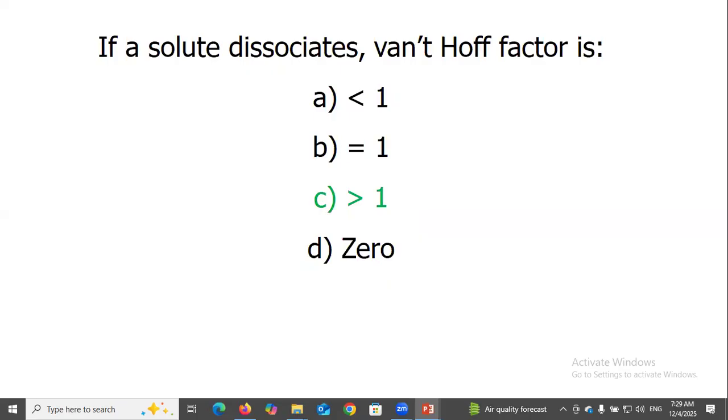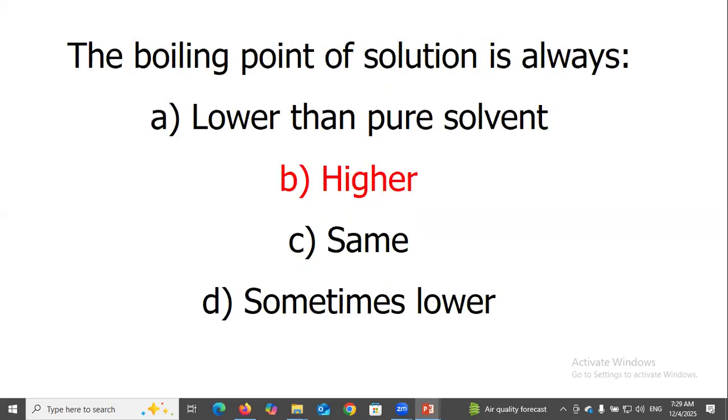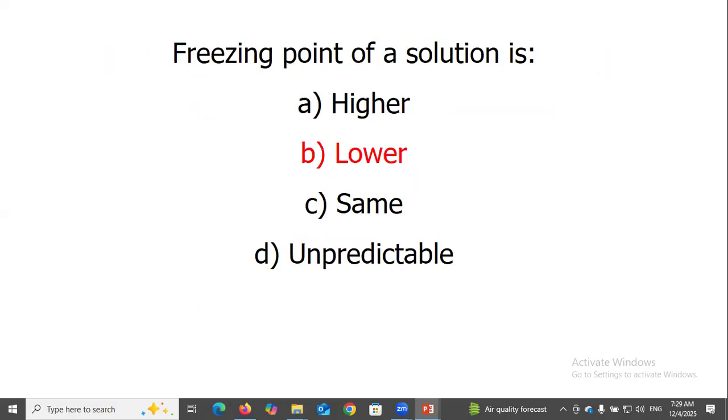If a solute dissociates, the van't Hoff factor is greater than 1. If a solute associates, the van't Hoff factor i is less than 1. The boiling point of a solution is always higher than the pure solvent. The freezing point of a solution is lower.